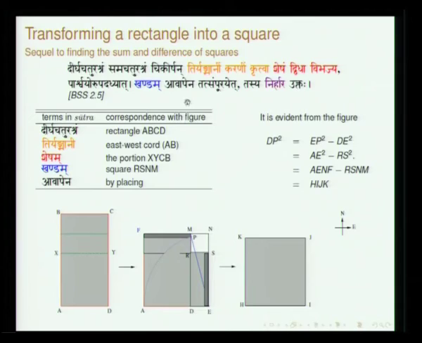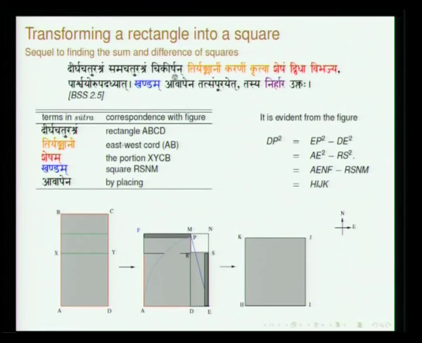As I mentioned earlier, one side is called Parshvamani, the other is called Tiryang Mani, perpendicular to that. All that it says is take Tiryang Mani as the Karani and then Shesham Dvidha Vibhajet. Let us consider this diagram and understand the sutra.